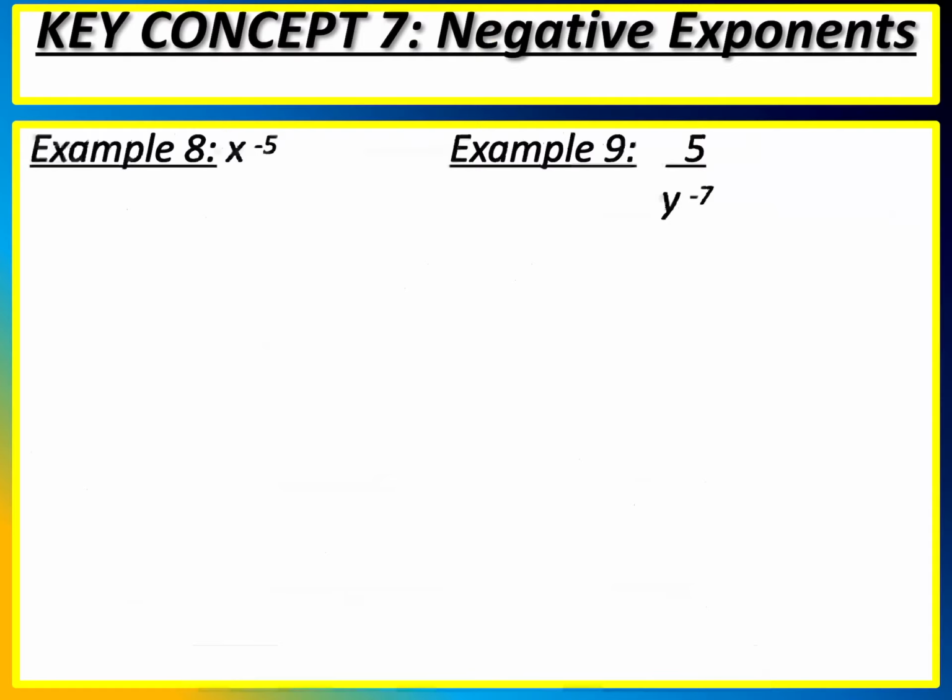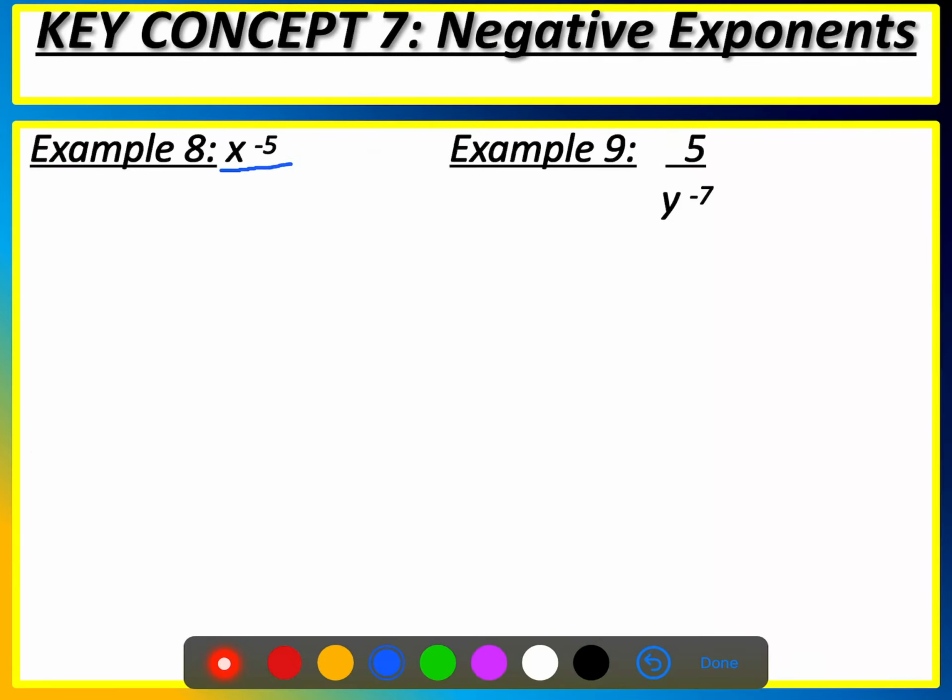So we see example 8 here, not written as a fraction, and you need to move your expression from the numerator to the denominator in order to change the sign. So I'm going to put this over 1. Okay, and now I like to circle the negative exponent because that's the only thing you can move.